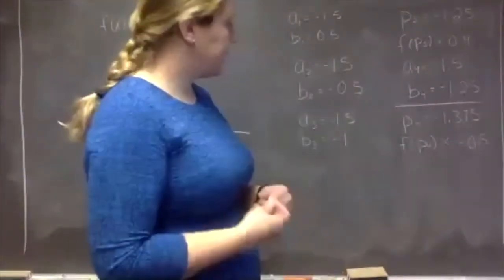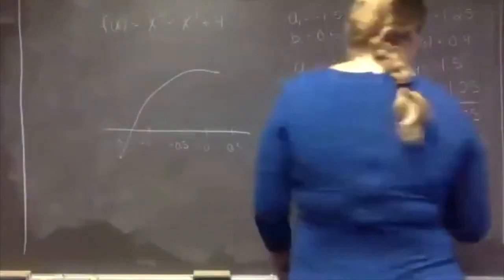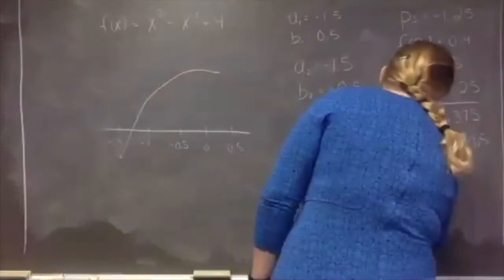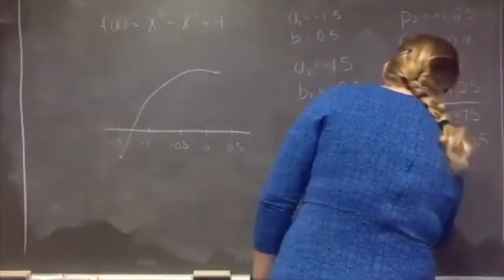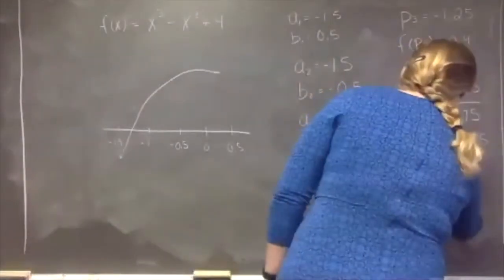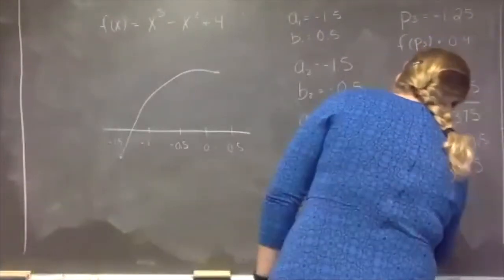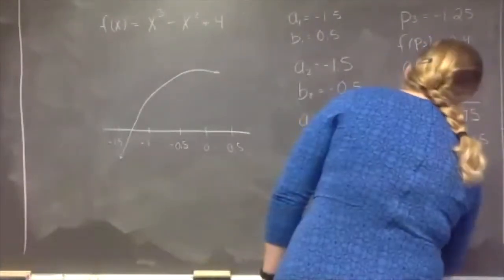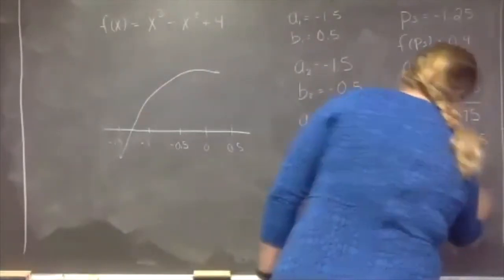So at this point now, our A moves because A corresponds to the negative function values. So A has finally left its spot. And now A5 is negative 1.375, and B5 is negative 1.25. So that one didn't change.